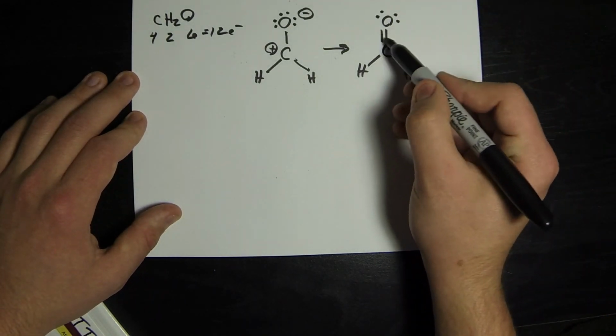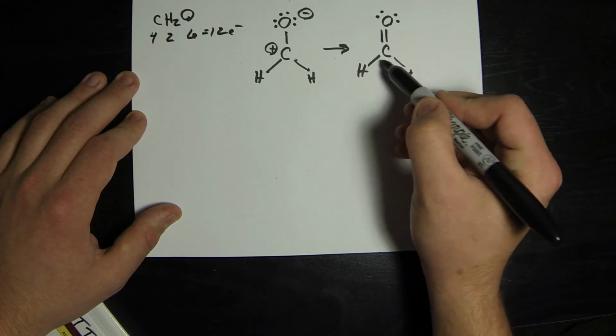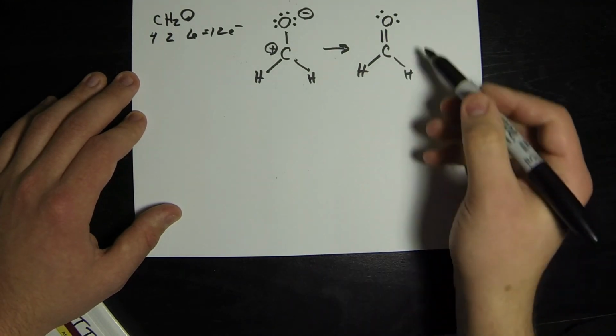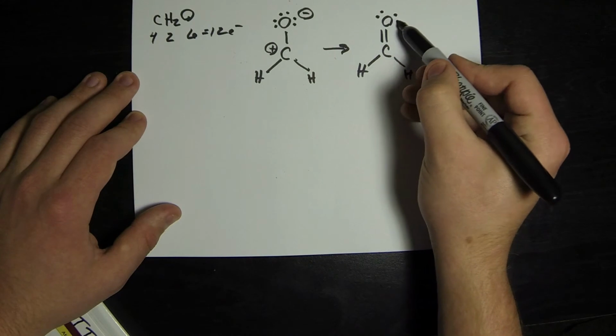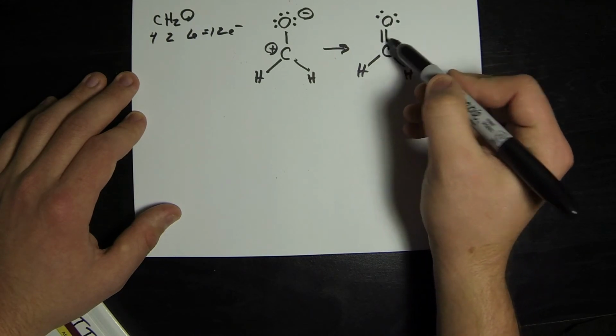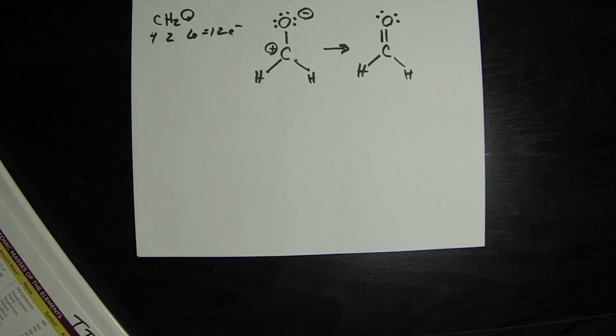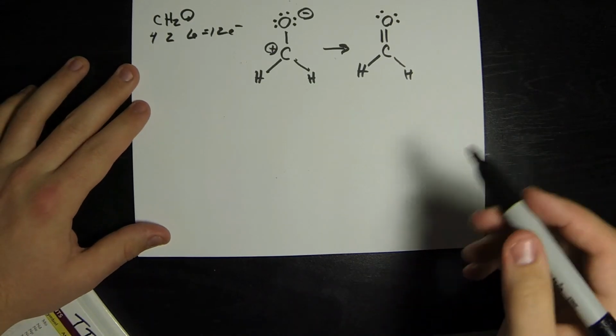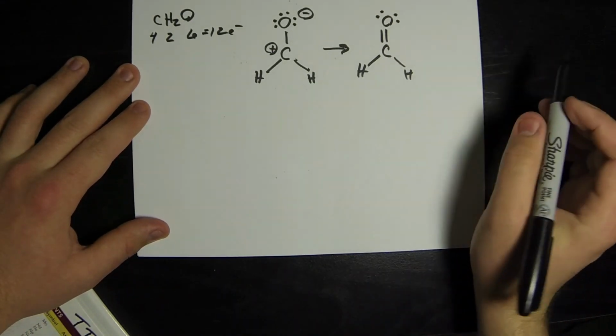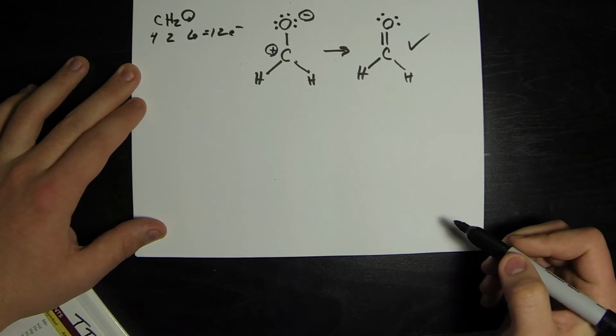Now the carbon has 4 bonds, 1, 2, 3, 4, so it's satisfied. The oxygen has 1, 2, 3, 4, 5, 6, 7, 8 electrons around it, so it's satisfied. Everything's got its octet, except for the hydrogens, which will never have an octet because they don't need it. It just needs 2. Everything is happy. This is your Lewis structure.